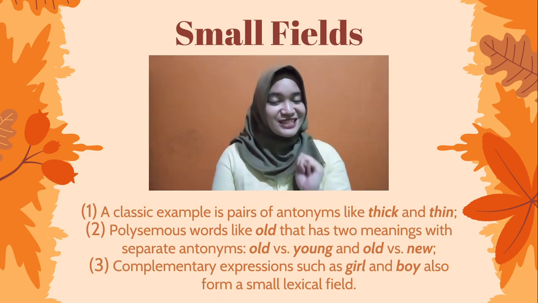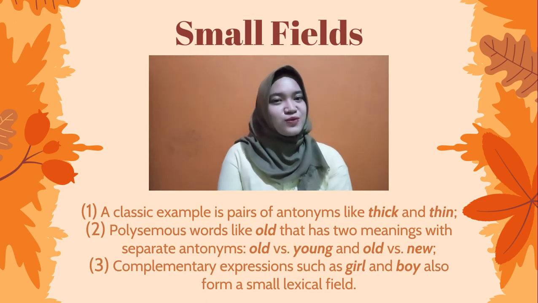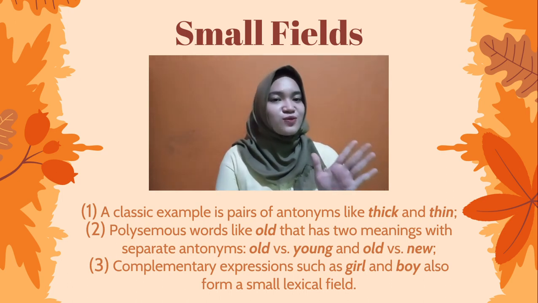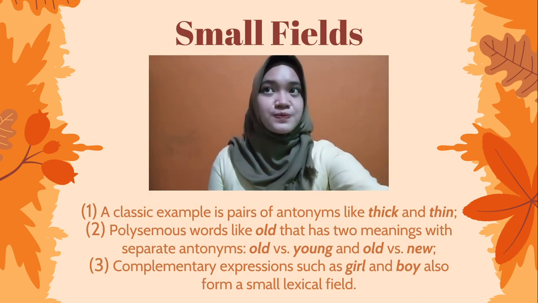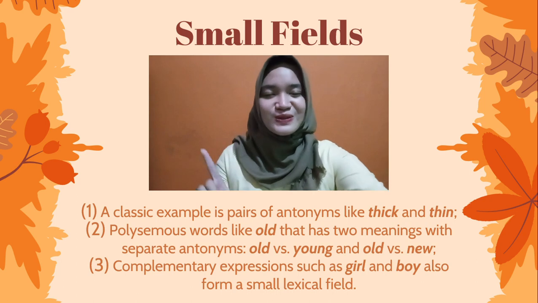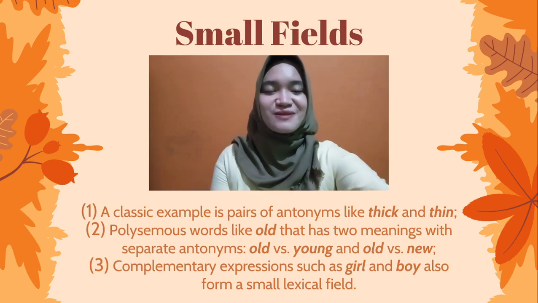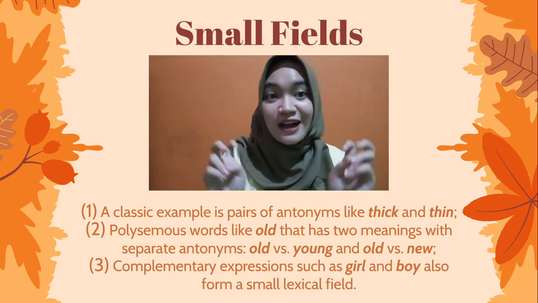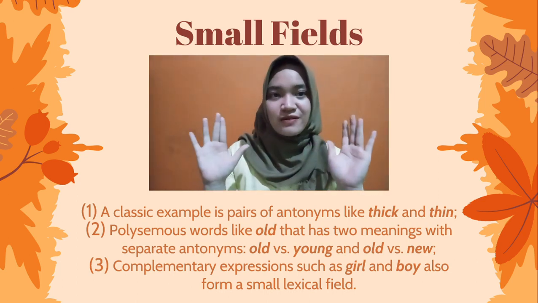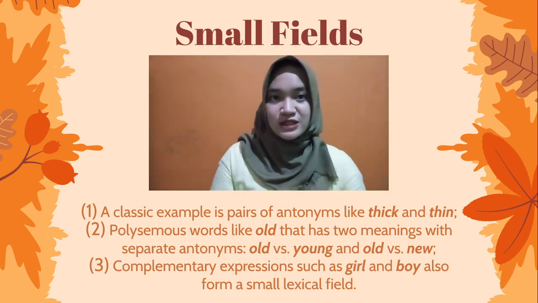Complementary expressions such as girl and boy also form a small lexical field. This field can expand to include the gender-neutral term child, creating a larger field that represents general terms for children.